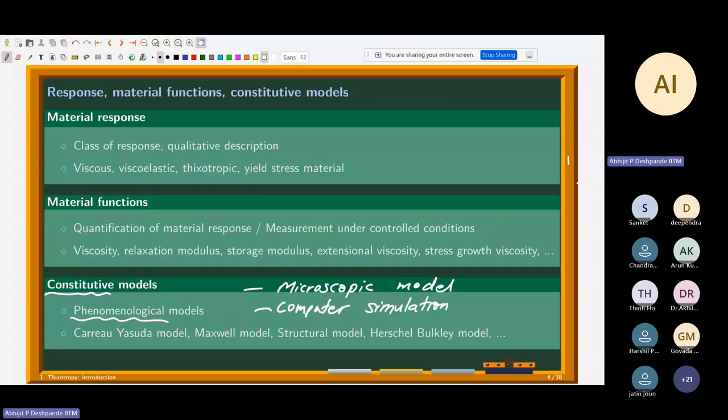Towards this, we will discuss the structural model, and we will see that when thixotropy is concerned, an important feature is the description of structure by using what is called a structural parameter.